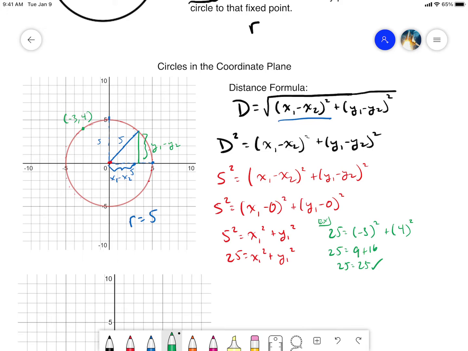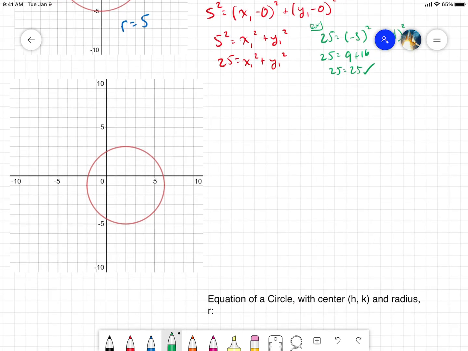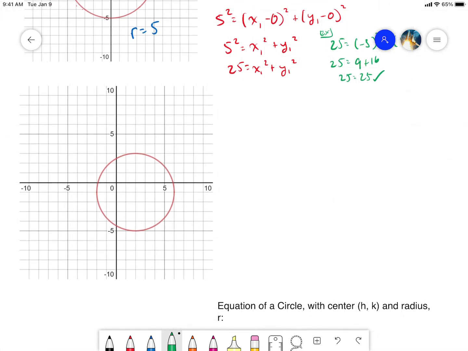Well, that was an interesting way we just did that. And that's really nice if my center is 0, 0. But now let's look at what happens if my center is not 0, 0.